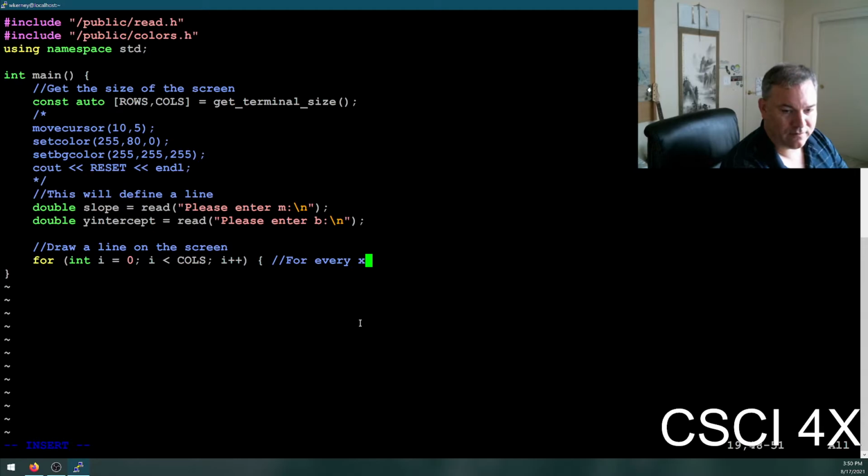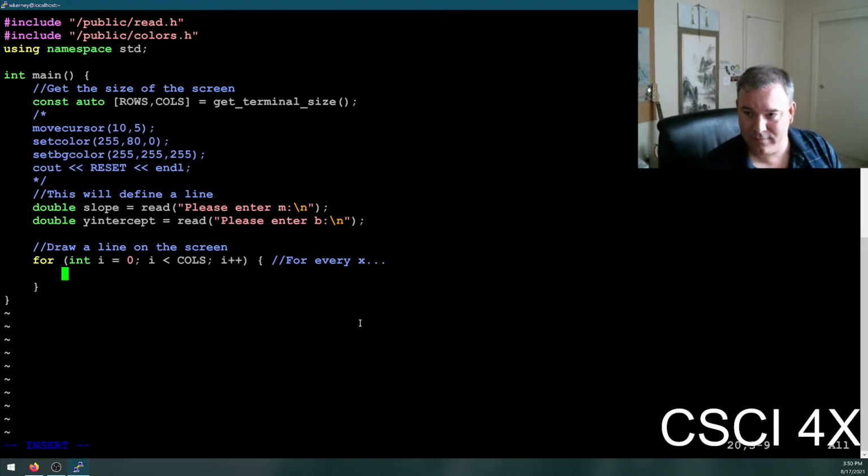For every x, how do we know what the y value is for a given x? If we're at x equals 10, how do we compute the y value there?